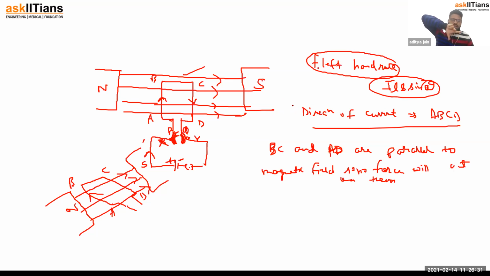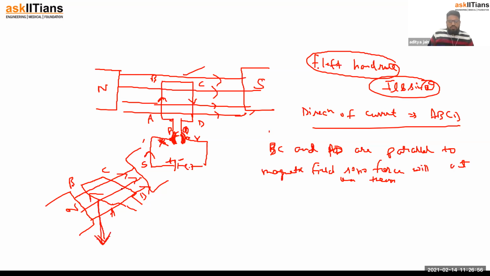The current is coming towards you in AB, and this is the magnetic field from north to south pole. So you can see the direction of magnetic force is downward. On the arm AB, the force will act in downward direction.